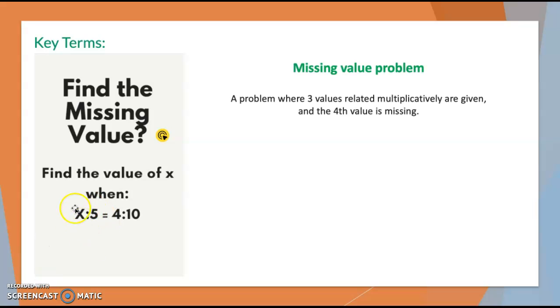So again, doing that mental math, 5 goes into 10 twice. So 2 goes into 4 twice. Okay, well, we're going to continue to work on it. Finding the missing value of x.